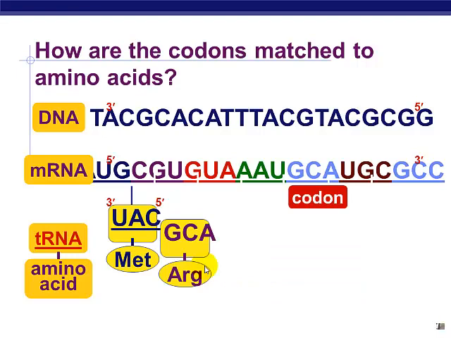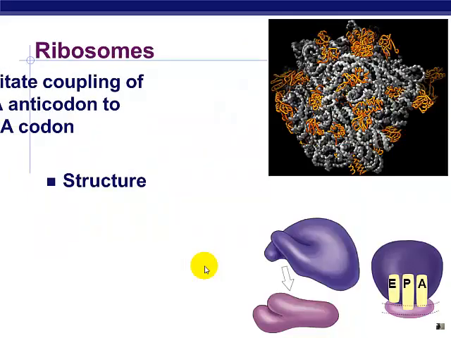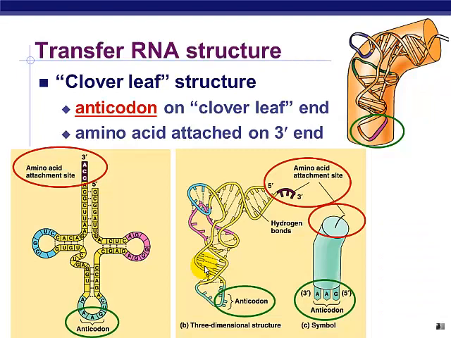Right here. Here's my amino acid. This part of my tRNA has to match to my mRNA codon. This picture, it's going this way, and in that last picture, it was facing down. Okay. We call this the anticodon.